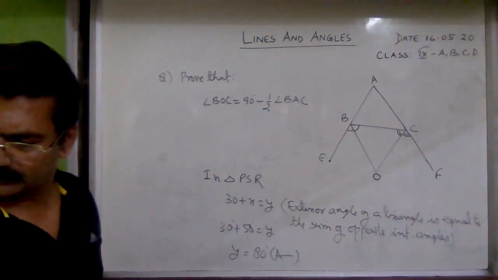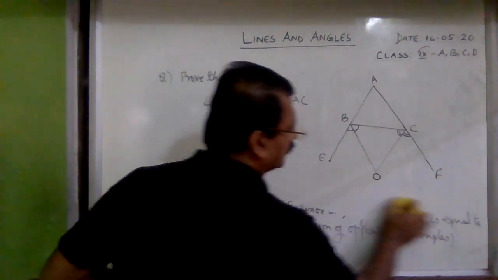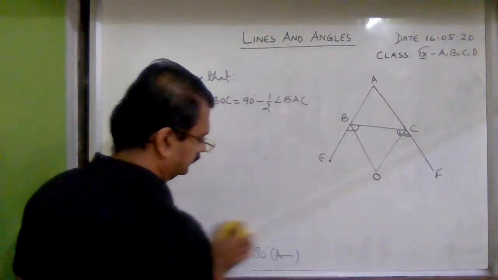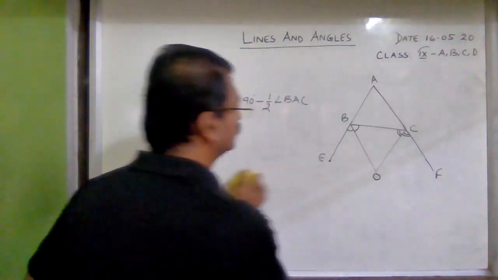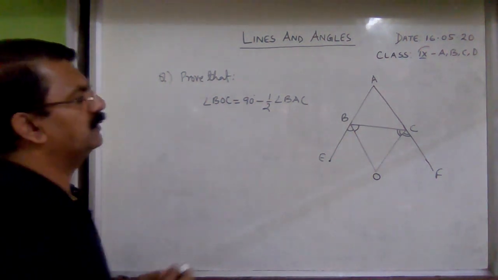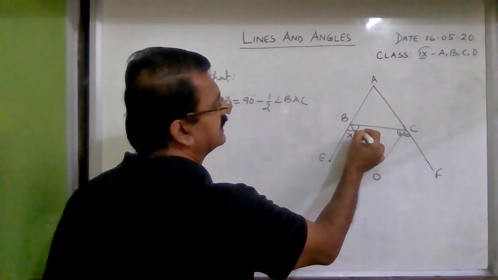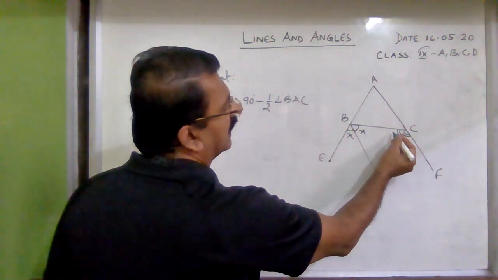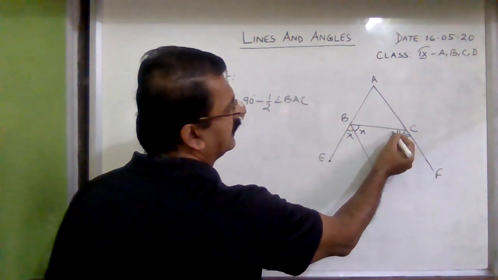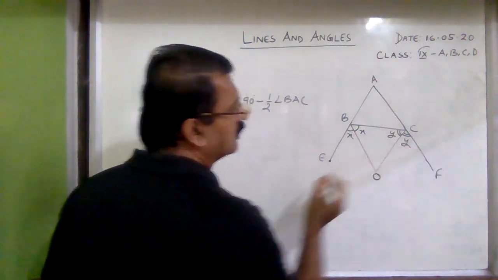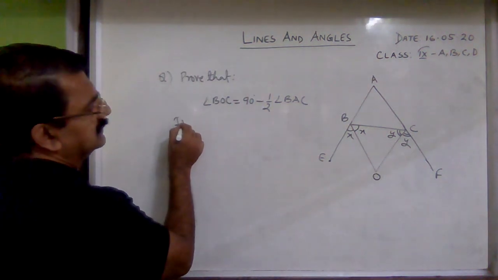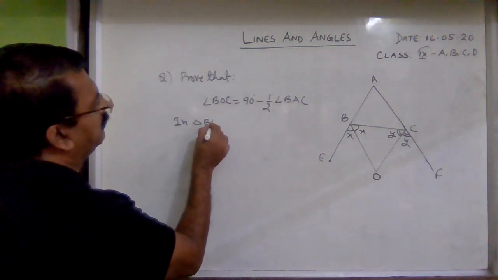So what we do, first of all, as these two angles are equal, we assume that this angle is x, then this angle will also be x. Now again these two angles are equal, so if this angle is y, this angle will also be y.